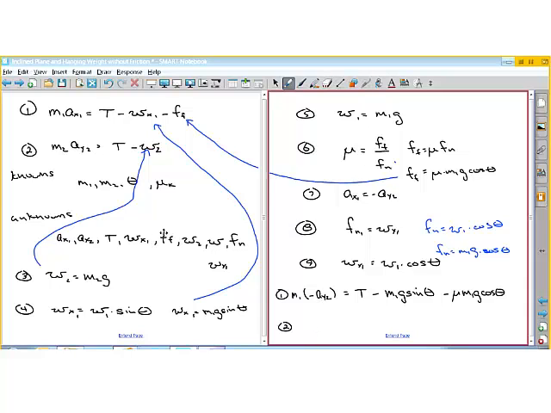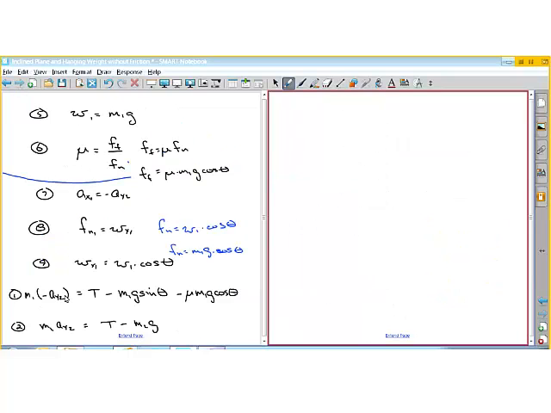Now, second equation: M2 a sub y2 is equal to T minus W2, but W2, the weight, is M2 times G. So those are the 2 equations, and I've got 2 unknowns, acceleration and tension. I'm going to solve the second equation for tension. That'll be M2 a sub y2 plus M2 times g. And then I plug that into here.